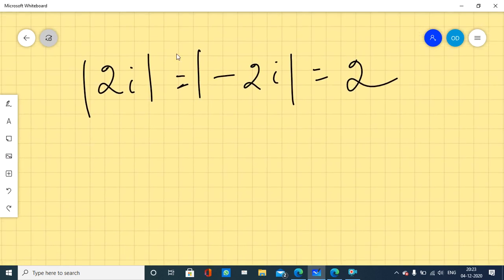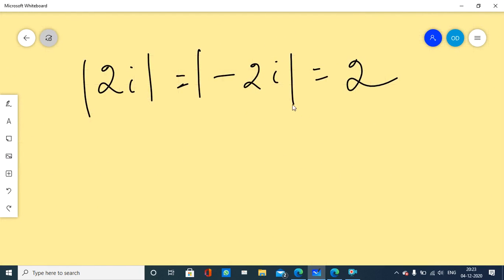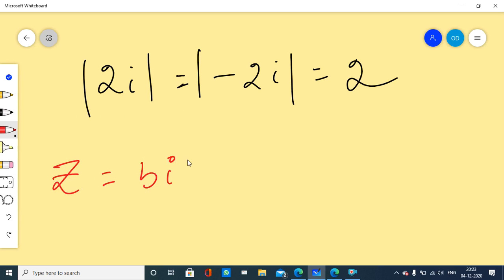So from here, you can try to understand the rule that if I give you any purely imaginary complex number, it doesn't have its real part, the real part is 0. In this case, if I ask you to find its modulus, what do you do?